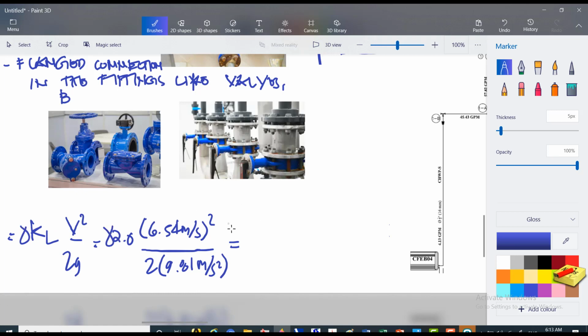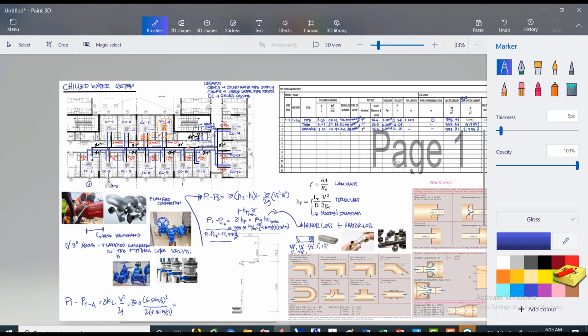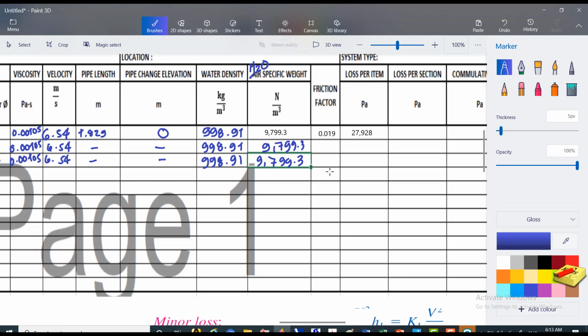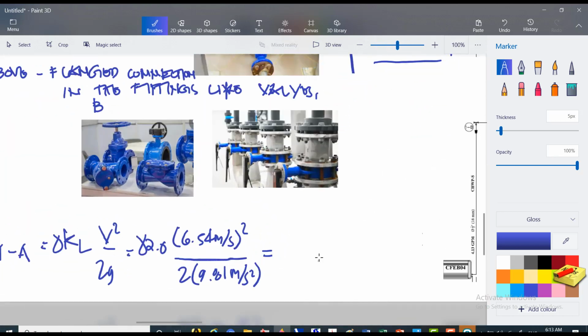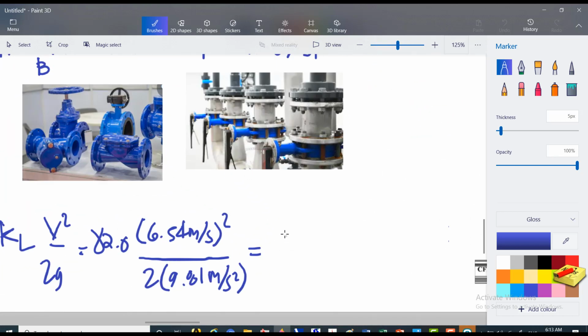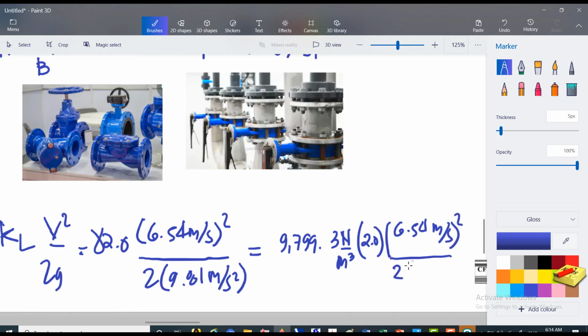We're going to add here the specific weight in order to make it pressure. So we have specific weight which is equal to 9,799.3 Newton per cubic meter, multiplied by 2.0, multiplied by 6.54 meter per second squared divided by 2 times 9.81 meter per second squared.